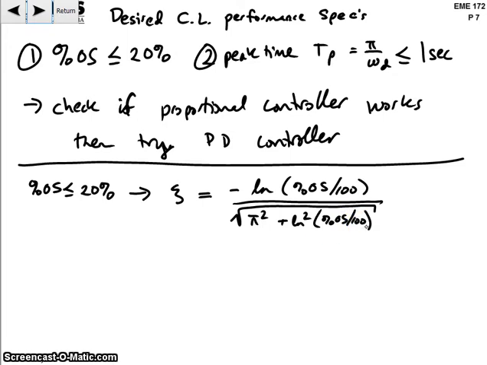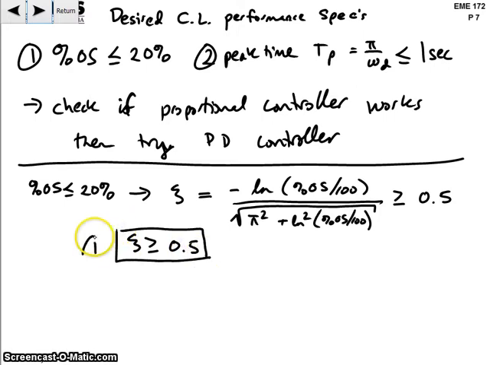If I plug in the numbers, 20% overshoot gives me 0.5. So the damping ratio must be greater than or equal to 0.5. That's the first spec on the pole locations.